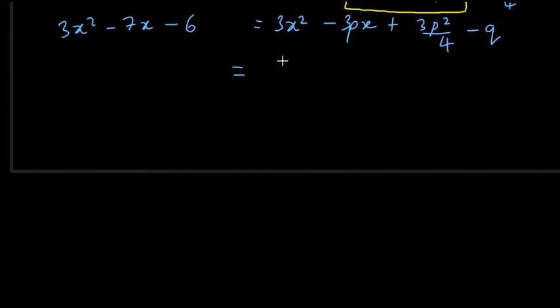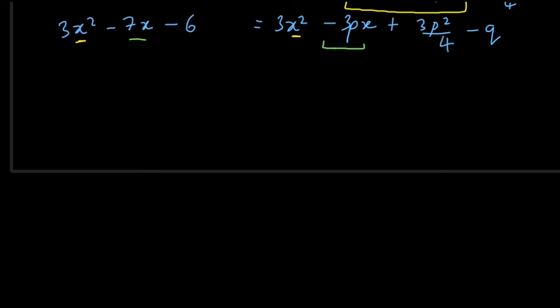So now our next step is to group like terms together, of course. We'll compare x squared and x squared, and we'll compare minus 7x with minus 3px.